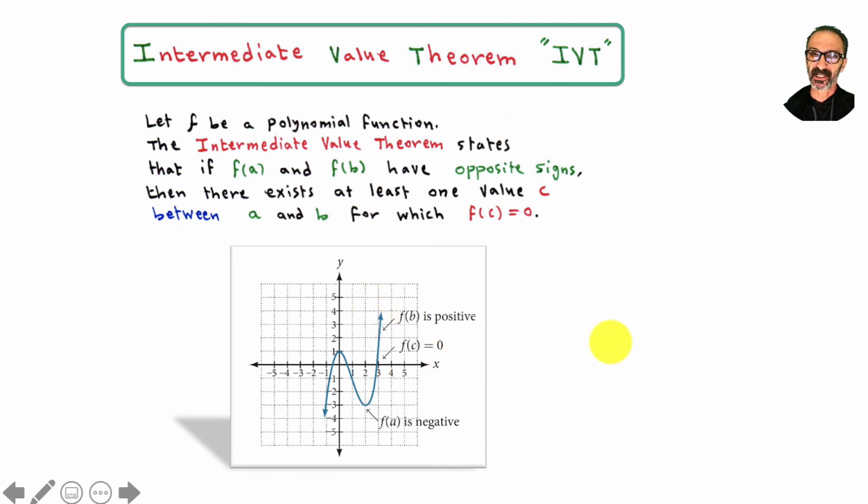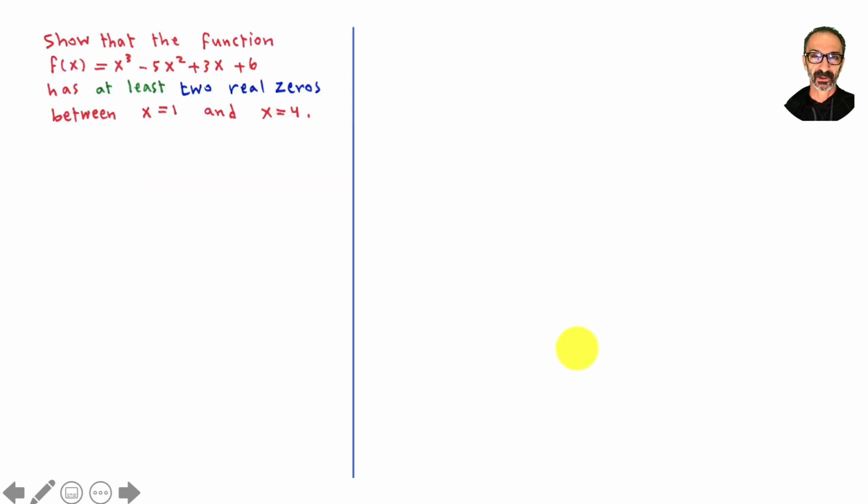Let's see an example just to enhance it and make it clear. Show that the function f of x equals x cubed minus 5x squared plus 3x plus 6 has at least two real zeros between 1 and 4. Well, to do that, this is a simple example.